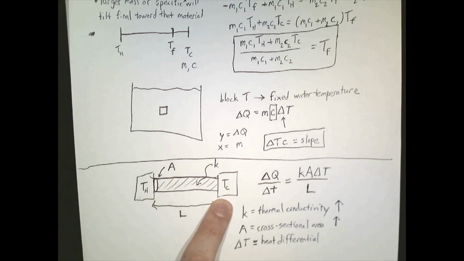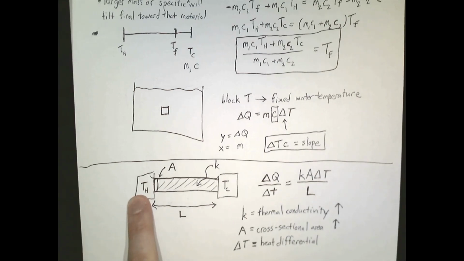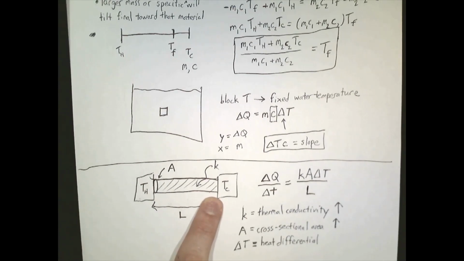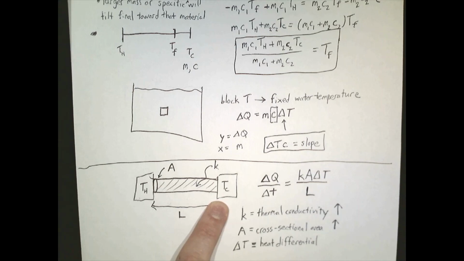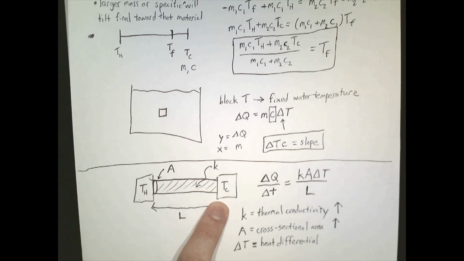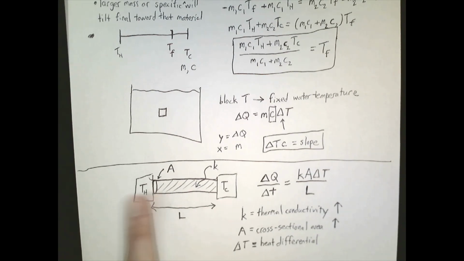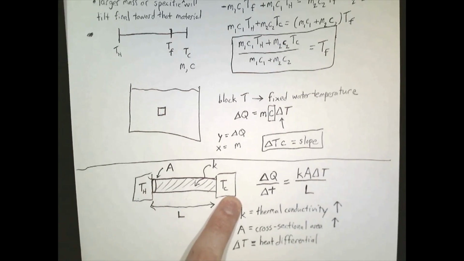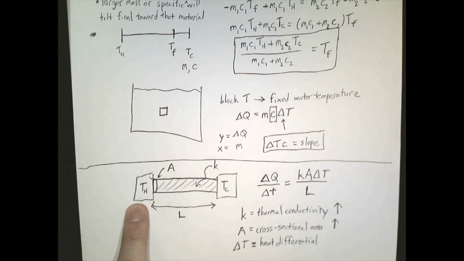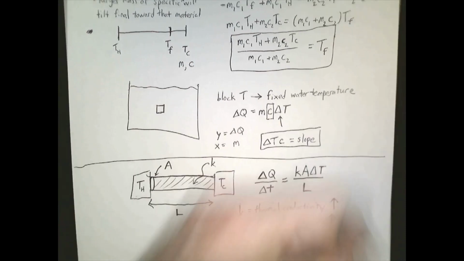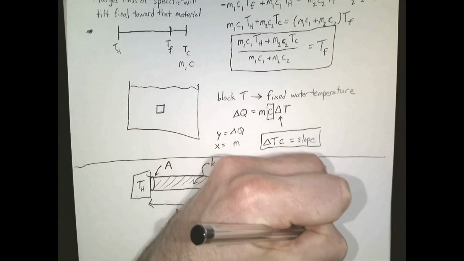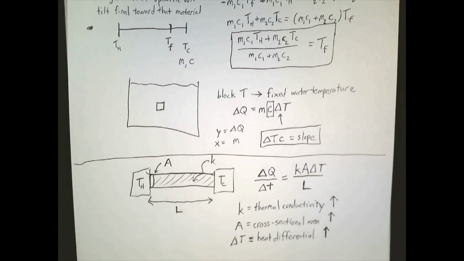If the difference is much closer, if this is 1 degree and this is half a degree, then the energy here is barely above the other side, and so each collision is going to be less and less likely to transfer energy. If this is 100 and this is 1 degrees, then these ones are banging around really, really fast. They're almost certainly going to be able to transfer their energy to these lower energy molecules over here. So the larger the differential between the left and the right in this diagram, the more readily that heat's going to be able to transfer.